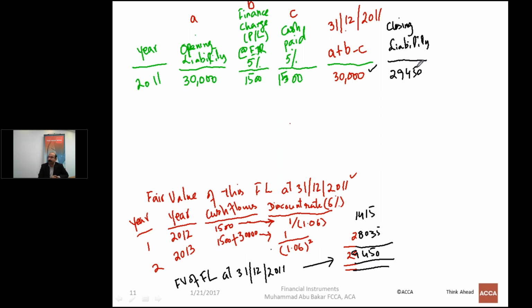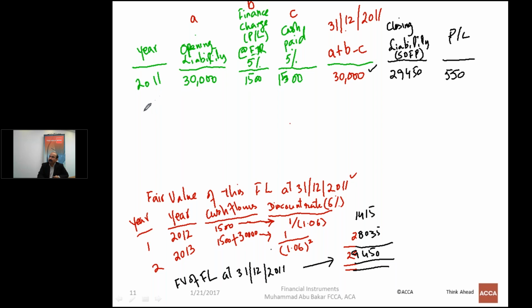The difference between these two will be charged to the profit and loss, and that amount is in fact 550. This is in fact the gain or loss, the difference between these two values.